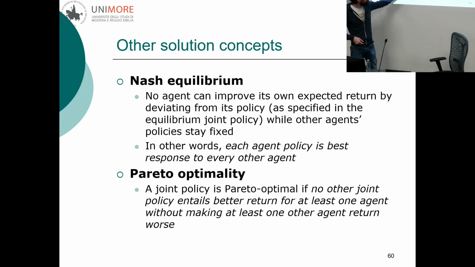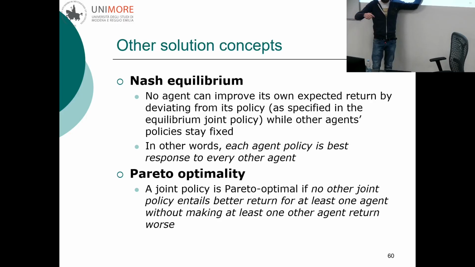If a joint policy is Pareto optimal, it means that you can deviate your policy anytime as you want. You won't get any better return without making any other agent worse, regardless of whether the other agent policy stays fixed or changes. We don't care about the policies here. In Nash equilibrium, we only care about the policies.